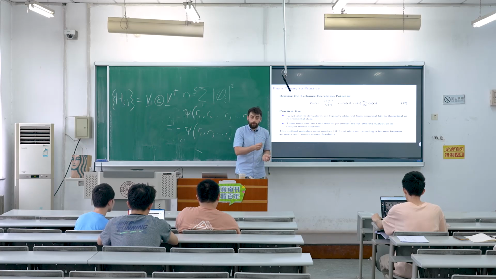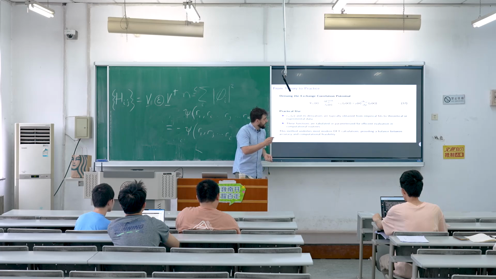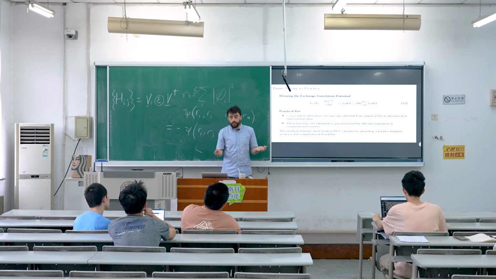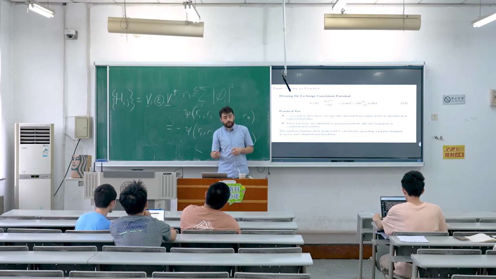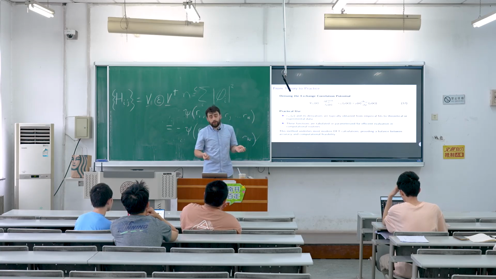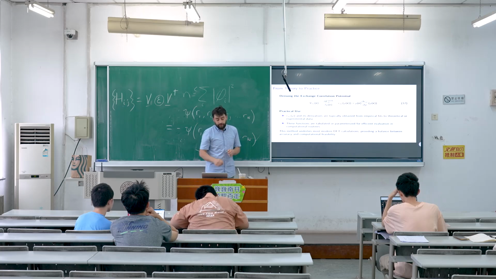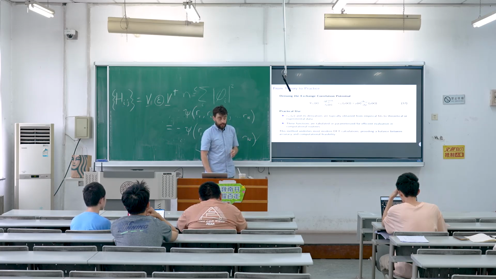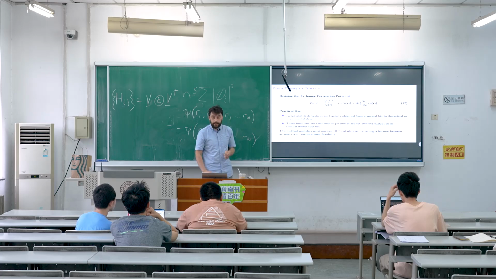So what we've got from exchange and correlation under the LDA is an exchange correlation energy. The question is, how do you get an exchange correlation potential? And you have to do it numerically, really. Effectively, all you do is take a numerical derivative of the exchange correlation energy with respect to the density.